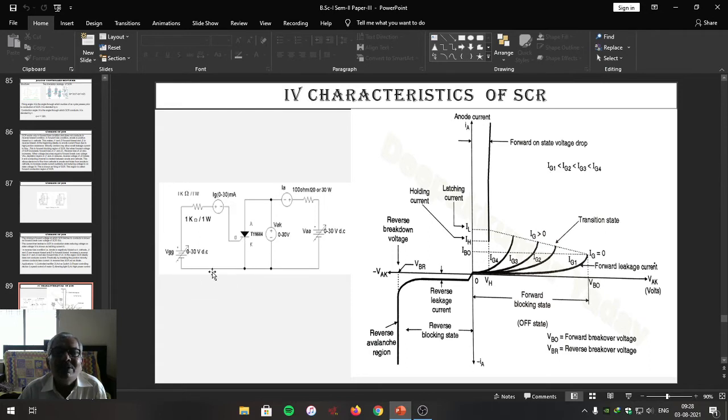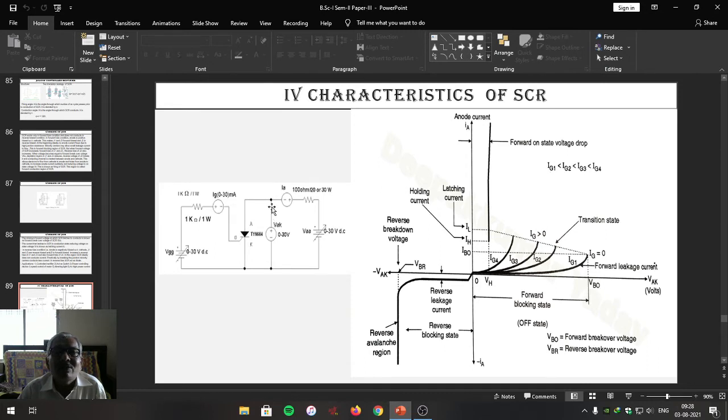It is made common throughout, whereas the anode is connected to the VAA power supply with positive terminal, and the cathode is connected to the negative terminal of the VAA power supply. Thus, VAA forward biases anode and cathode of the SCR.